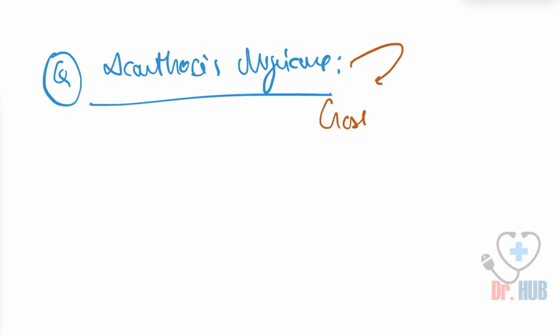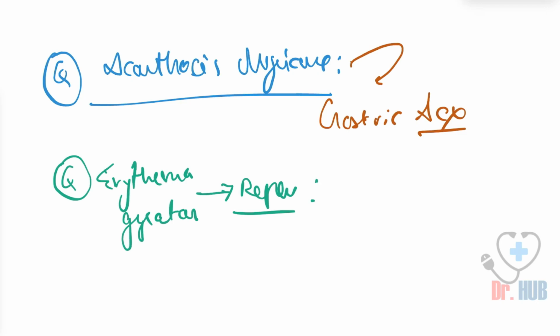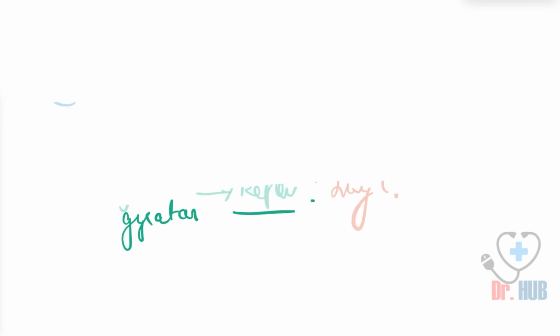It is gastric adenocarcinoma. And the second question we asked was in case of erythema gyratum repens. In such cases, what is the associated malignancy? The answer is lung cancer.